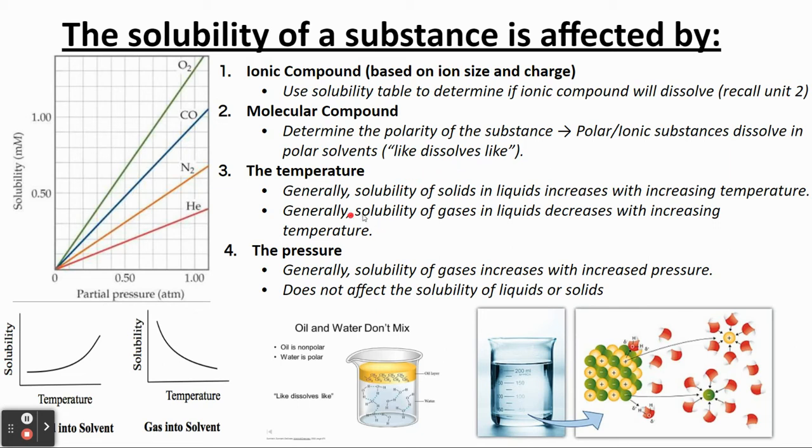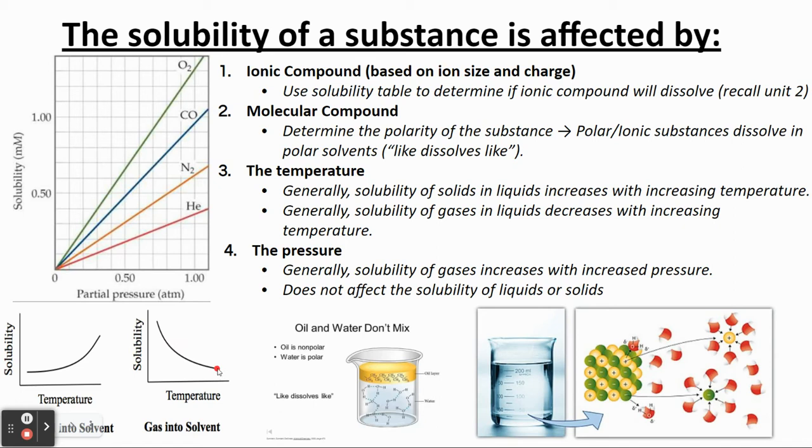But it's interesting. When you look at gases in liquids, if you increase the temperature, you actually decrease the solubility of gases in liquids. So if you look over here at this example, we have temperature, and this would be solid in the solvent. As you increase temperature, the solubility of the solid in a liquid goes up. But for gases over here, as you increase temperature, the solubility goes down.